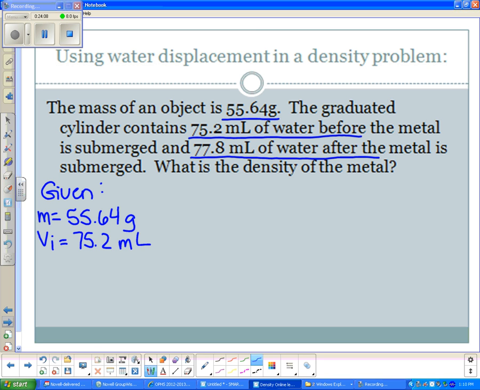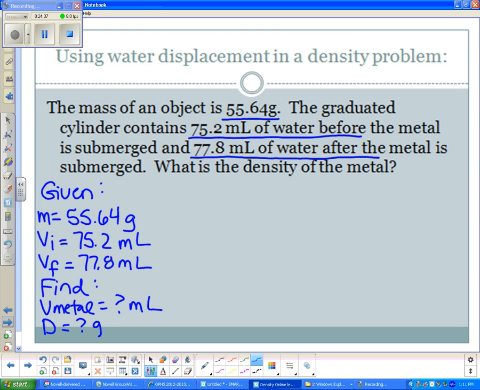And we know the water level after the metal was submerged, the V final, which is 77.8 milliliters. What we don't know yet is what is the volume of the metal and then the density of the metal. So we actually have 2 things to find this time. We need to find the volume of the metal, and that'll be in milliliters. And then we want to find the density of the metal, which will be in grams per milliliter.